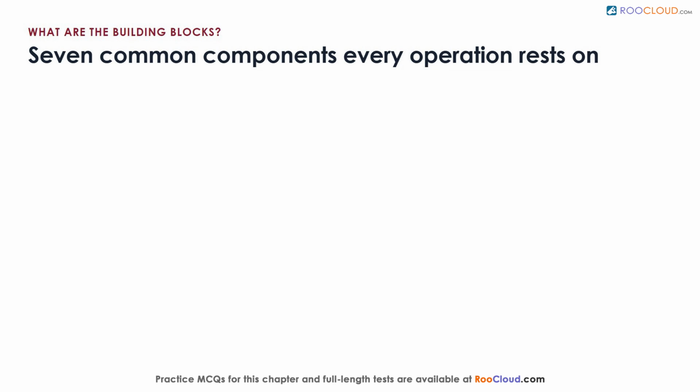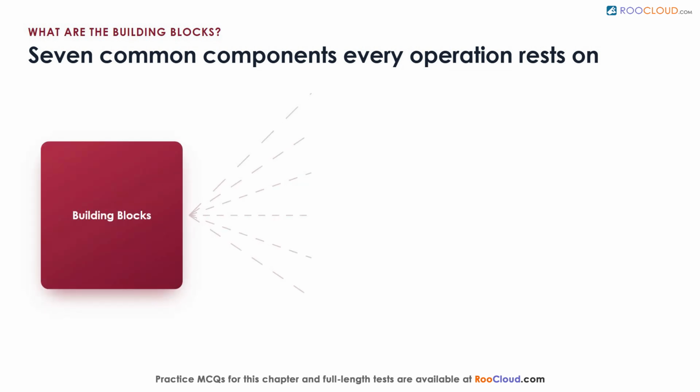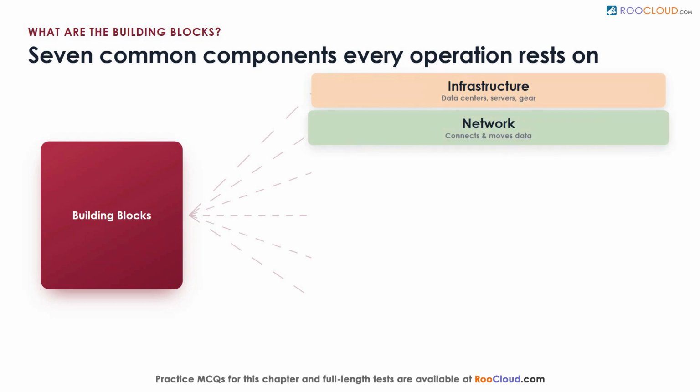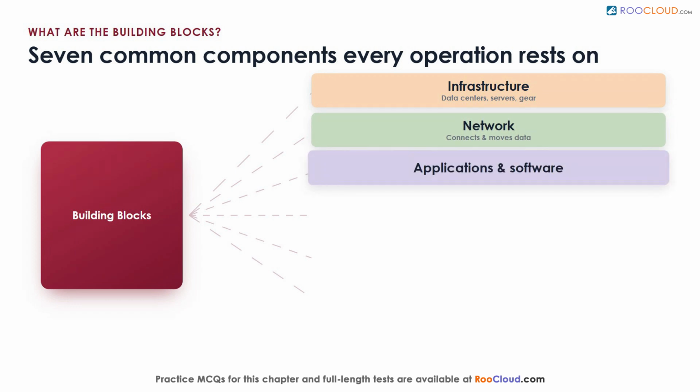So what are the common building blocks? Start with infrastructure. That's the hardware and networking gear, plus the data centers that house servers. Those centers add climate control, backup power, and physical security. Next is the network itself, which connects everything and moves data. Then applications and software, the tools that run the business.